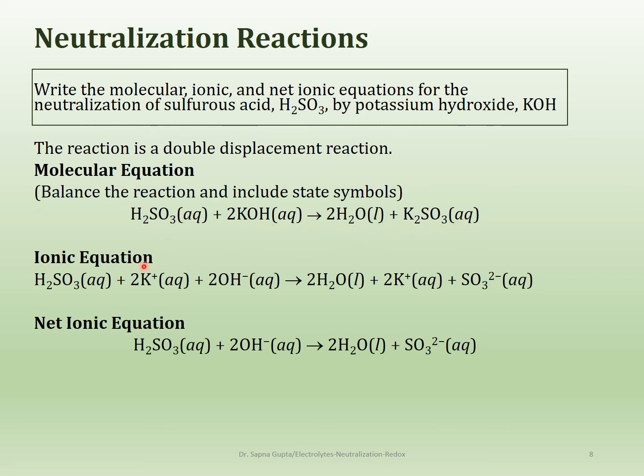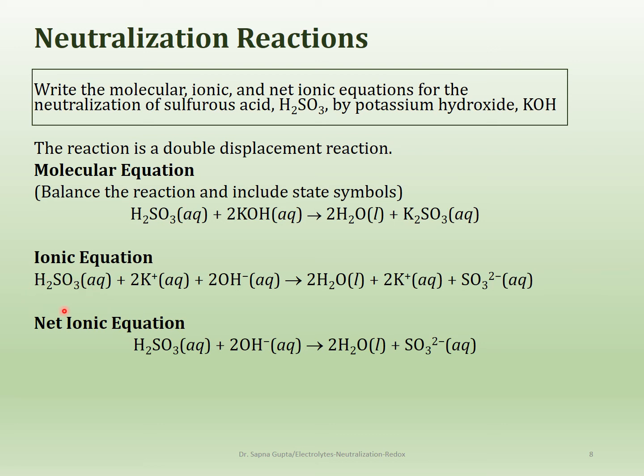Then the ionic equation: the sulfurous acid is not very dissociated in a reaction because this is a weak acid. It is dissolved in the water, but it is not dissociated completely. I'm telling you this as an example, and I probably will not give this to you on an exam, but it shows how things are written in case some chemicals are not completely dissociated in the water.